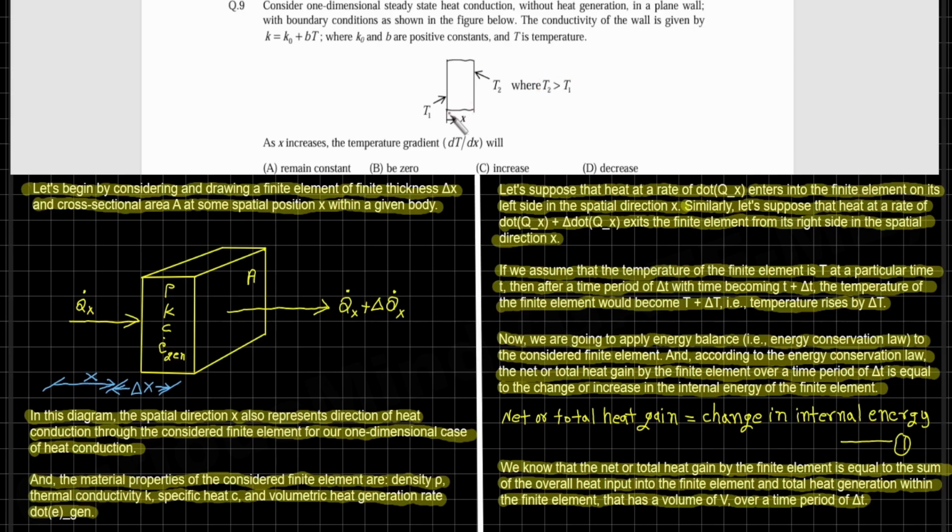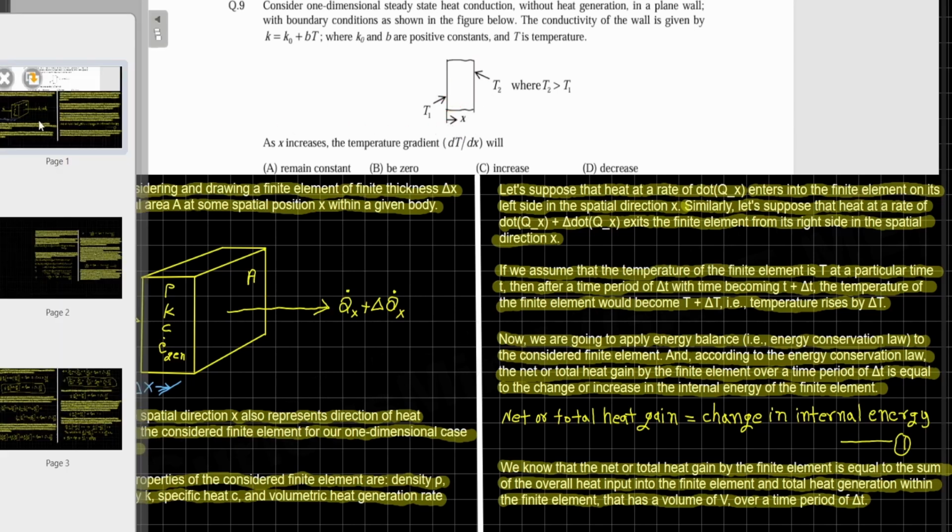So as x increases within the plane slab, the temperature increases from T1 to T2. So x and temperature both increase simultaneously within the plane slab.